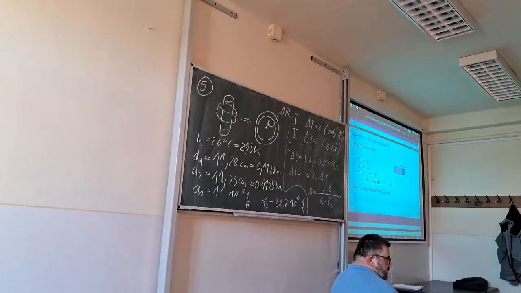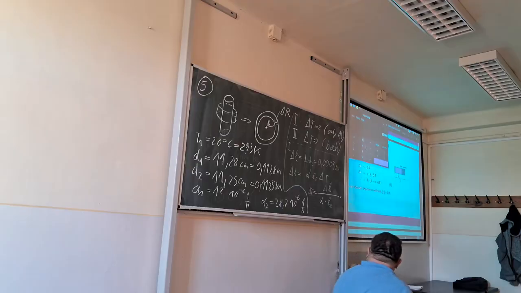I'm talking about this one, and alpha delta T. And if I write this here, then I need 0.003 meters divided by, divided, no.